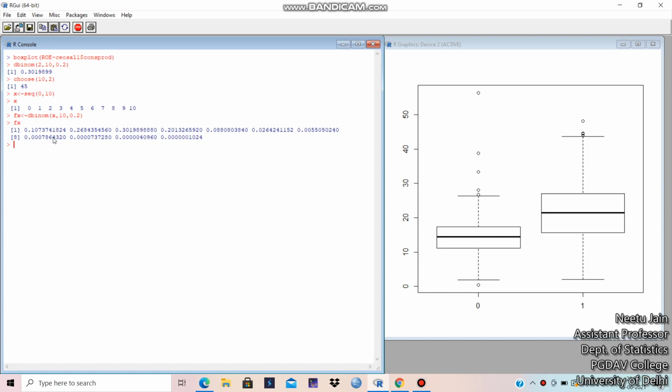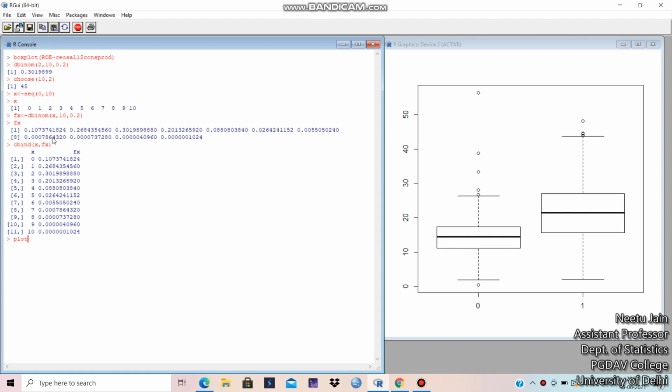Now how to make a table of this x and fx? We can use the command cbind. cbind in bracket x, comma, fx. See, this is a table, x with fx. Now how to plot the probability mass function?